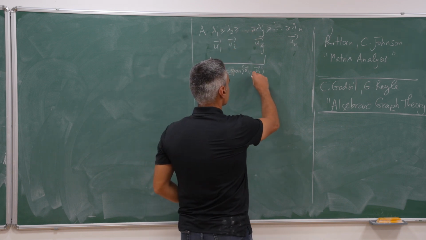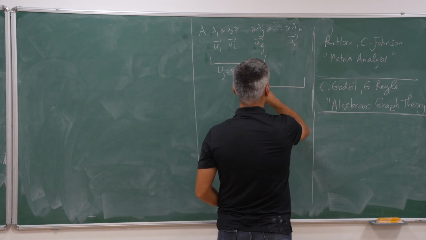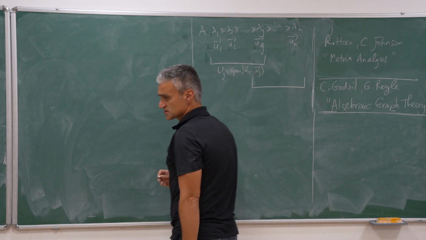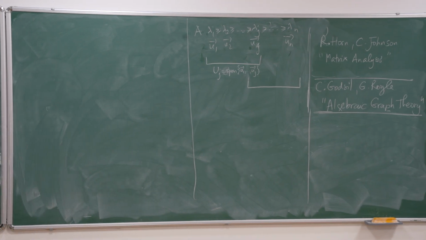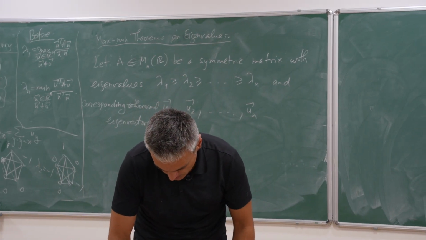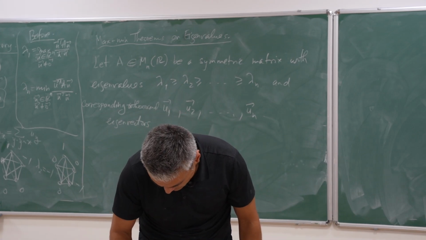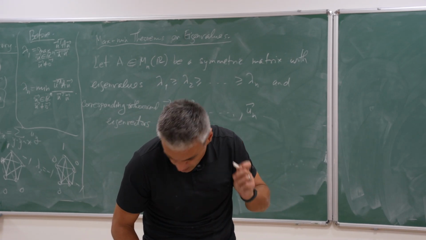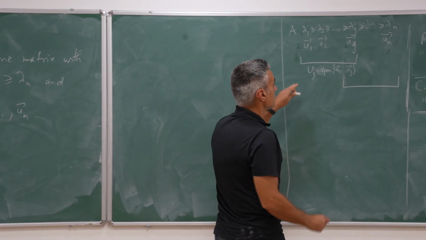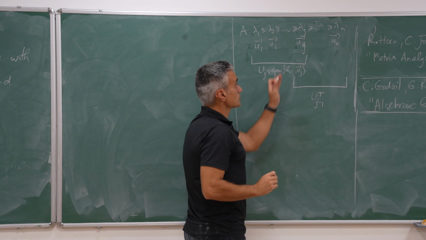And then I'm going to look at a different subspace, which is going to be like this. Let me see how I denoted it in my notes. Well, if this is Uj, this is going to be Uj minus 1 transpose perp.